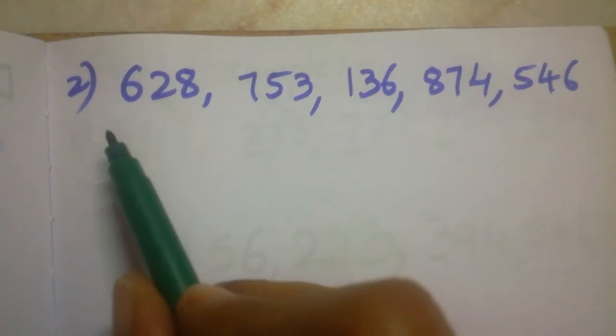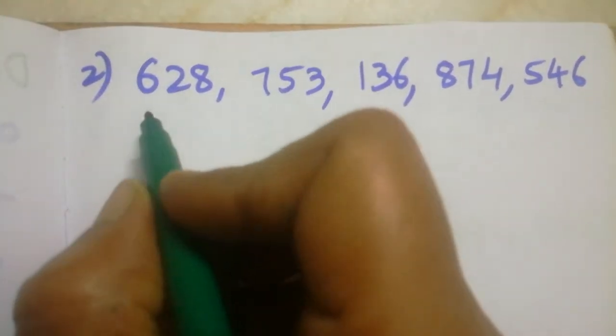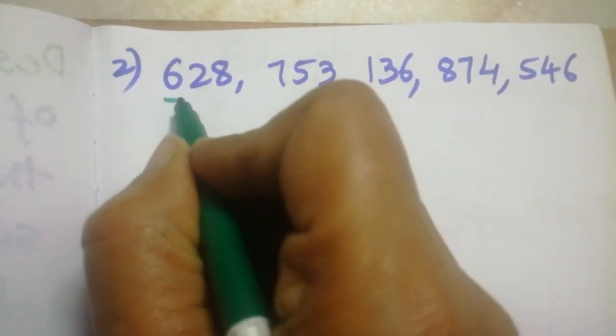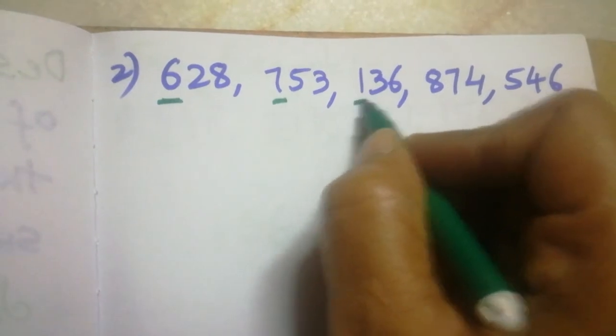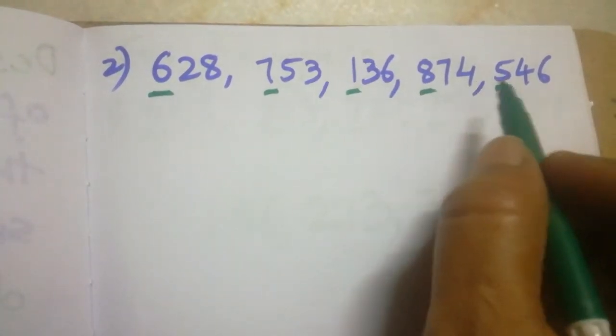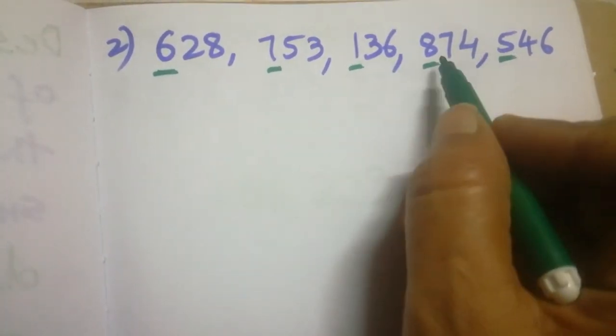Now let us see one more example. If you see the numbers here, first see the digit in the hundreds place. Here we have 6, 7, 1, 8, 5. So in this, which is the greatest digit? Which one? 8.